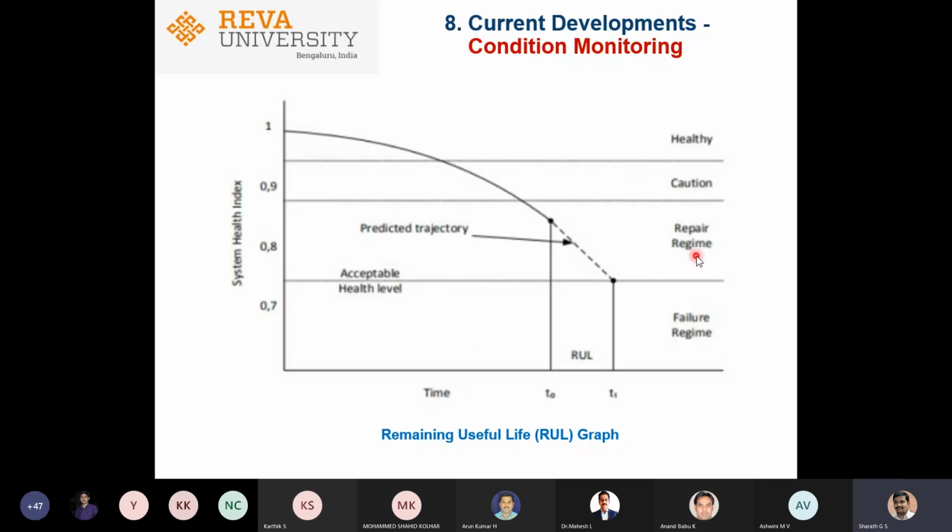Then it gets into the repair regime, wherein it requires some repair to increase the life. And then it reaches the failure regime here. So this is the remaining useful life, and here we need to carry out a lot of maintenance activities. And when it reaches this point over here, then it has reached the failure state.